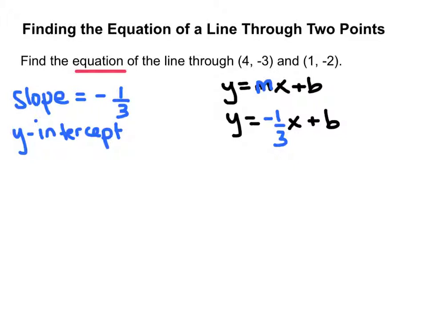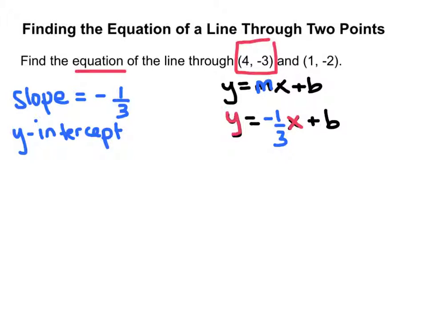And then choosing either of the points to plug in to the slope-intercept form so that I can actually calculate b. So I'm going to choose (4, -3) to plug into my slope-intercept form, which means I will have to plug in x equals 4 and y equals -3.